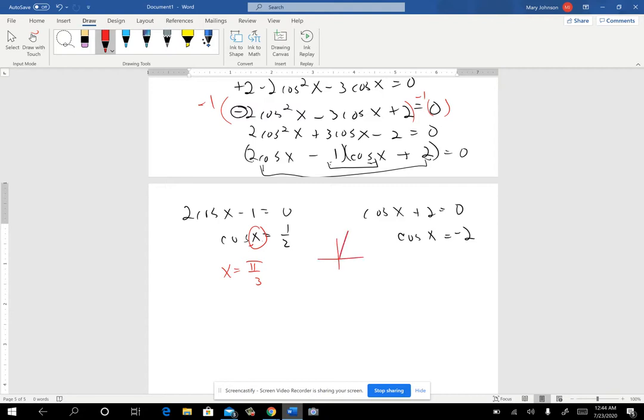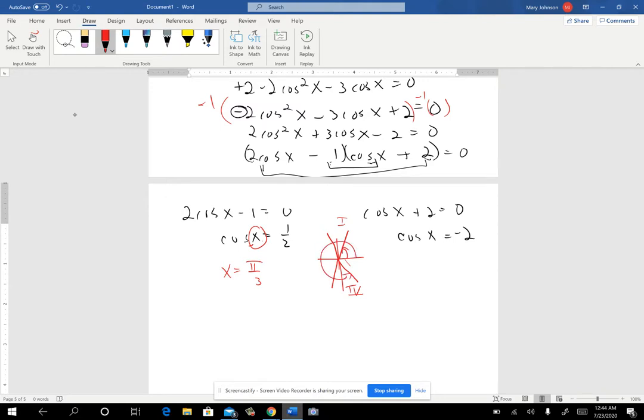Here's another angle that has the 1/2, but it would be negative. This would be negative, but in the first or the fourth quadrant is where I would have a +1. So I need to get all the way around. So this one is the pi over 3, and then all the way to here.